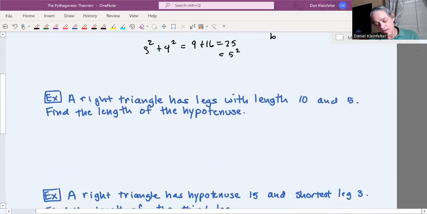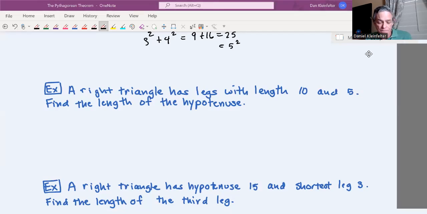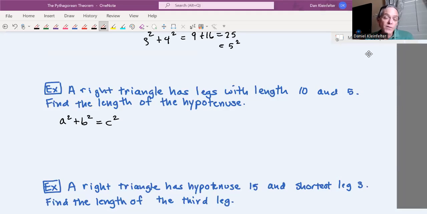So let's try applying it. Here it says a right triangle has legs with length 10 and 5. We want to find the length of the hypotenuse. So let me write down the Pythagorean theorem again. I find that if I write a new formula down every time I use it, it makes it easier to remember and also makes it easier to put the right things in the right places.